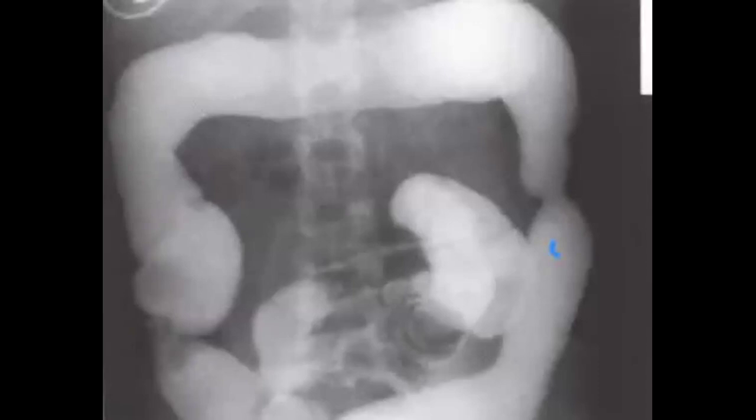Usually in the exam, you will find yourself between two major entities, either Crohn's or ulcerative colitis. There are some keywords that help you think about Crohn's, especially if it involves the most likely site along the terminal ileum and ileocecal junction.